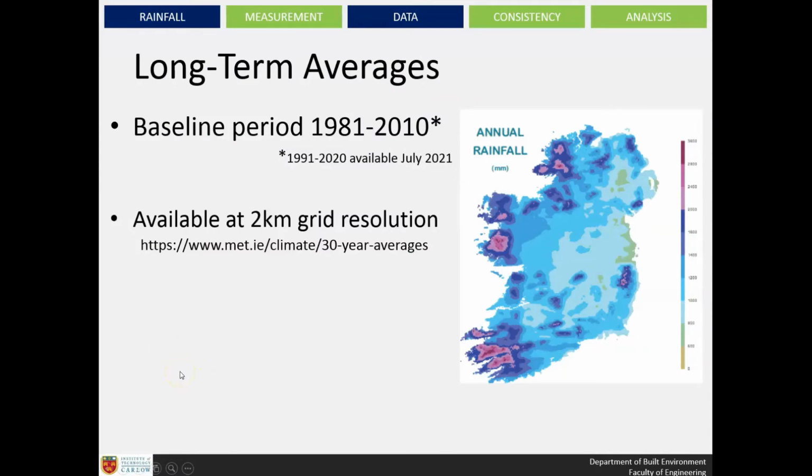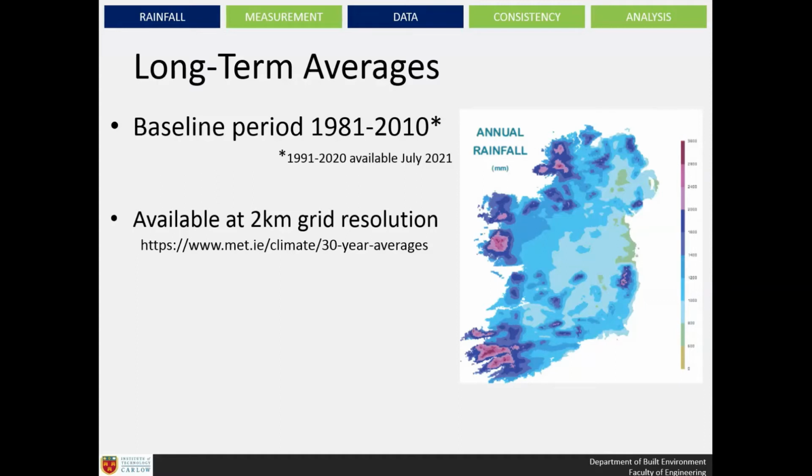If you're interested in characterizing the rainfall pattern at a site, you might use long-term data. Anybody who's done hydrological studies has heard of SAAR, standard average annual rainfall. This is similar, in that it uses a 30-year baseline period. 30 years is considered long enough to smooth out year-to-year variations.